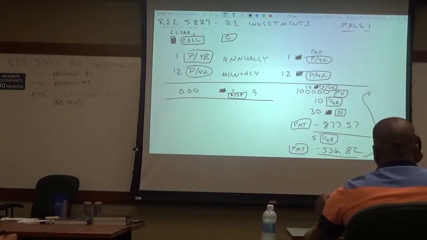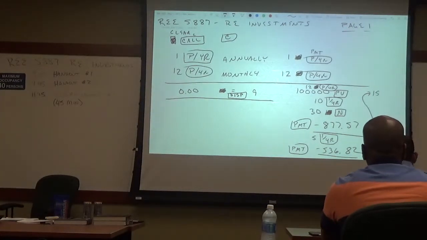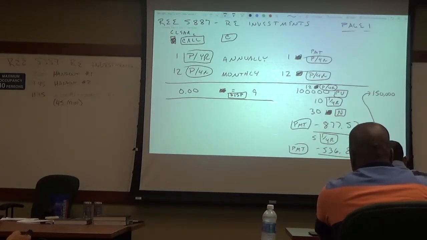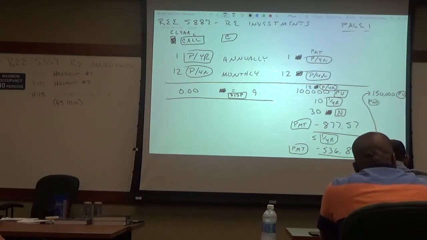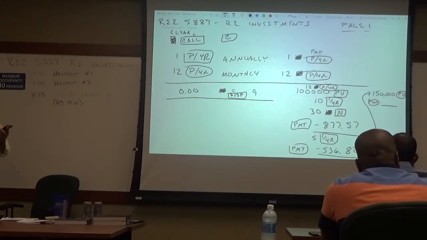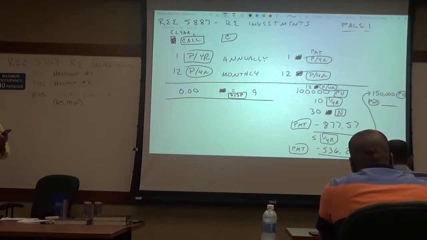So just follow through: 150,000, put that in as our new present value, and then, once again, resolve for the payment. And you should get, what, 805?